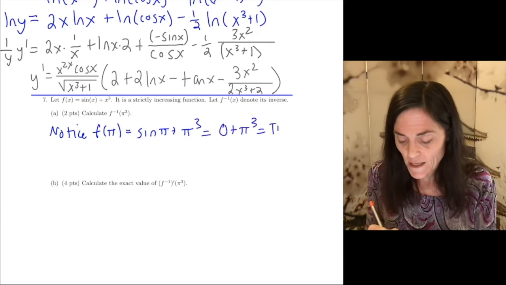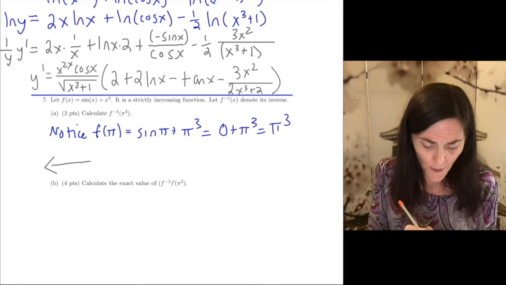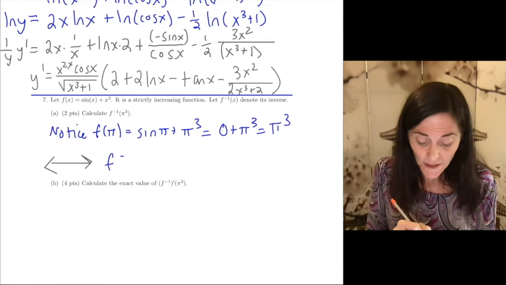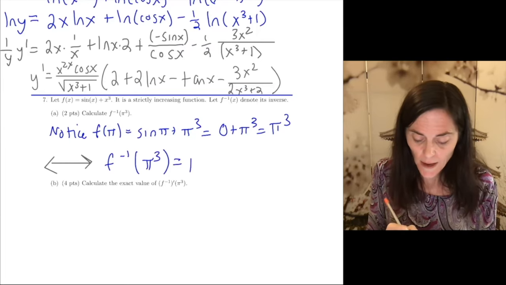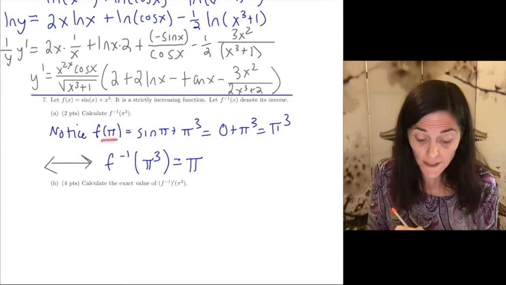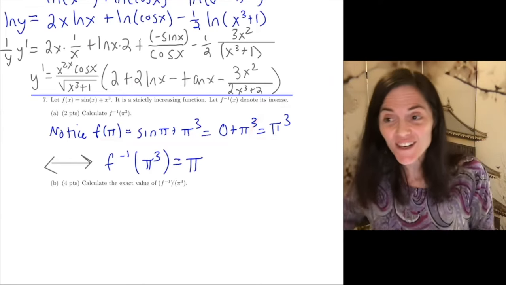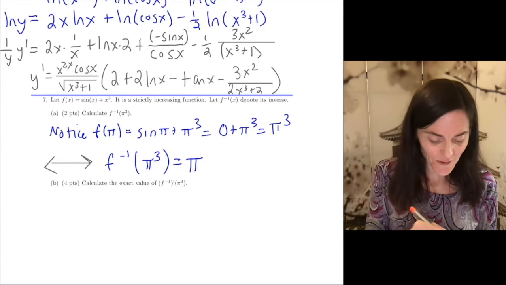So we get pi cubed. Immediately, this tells us the answer to part A. This tells us that f inverse of pi cubed is pi. This is this inverse relationship. If f of pi is pi cubed, f inverse of pi cubed is pi. Okay, great. Now, part 2.